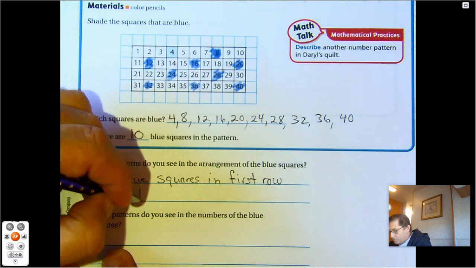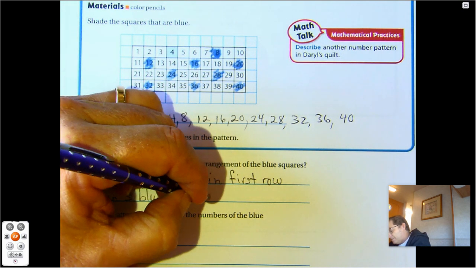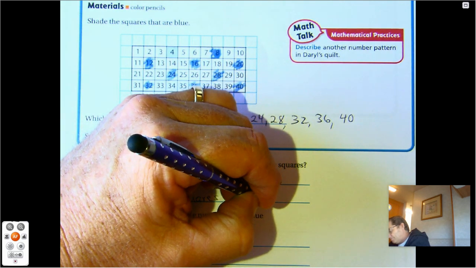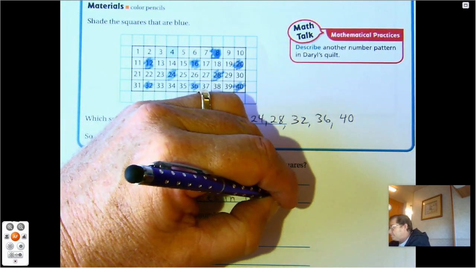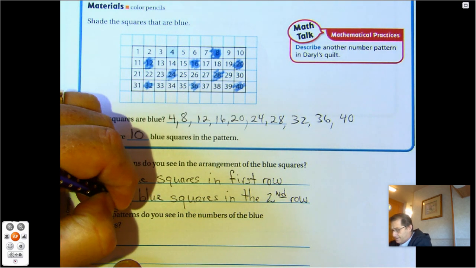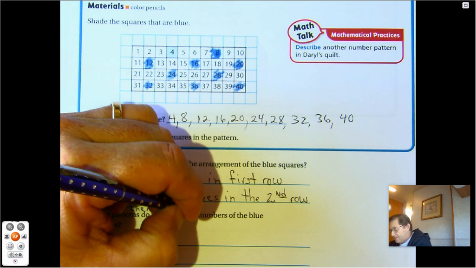Then 3 blue squares in the second row. And then it repeats that pattern.